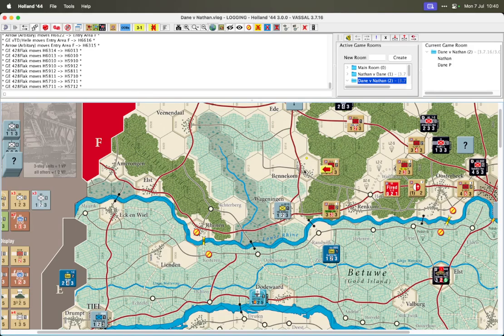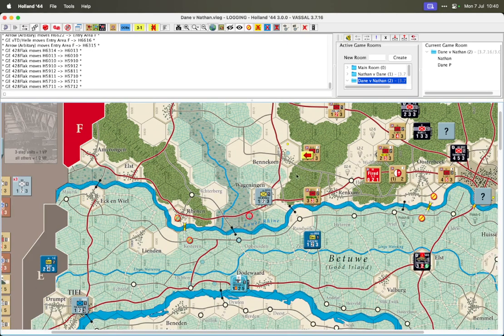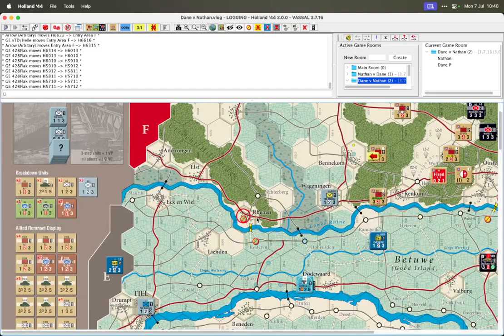Okay, help me with the math here. So you pay 2 to leave my zone of control. That's where the control marker comes in really helpful, right? And that's in addition to any movement points required to move along the road? Yes, the red roads are 1/3 per hex, so I just moved to here and called it 3. Okay, 3, got it. So it's 3 to there, 4 to there. Got it.